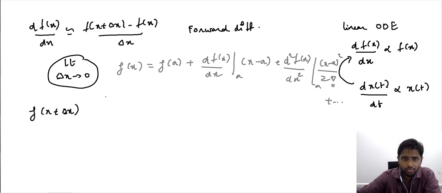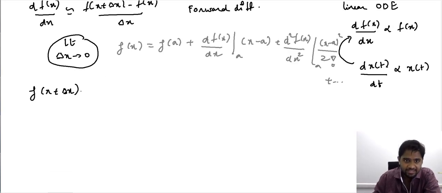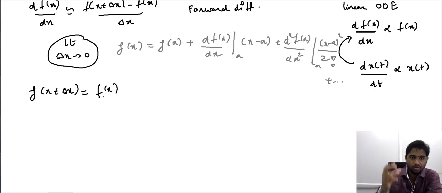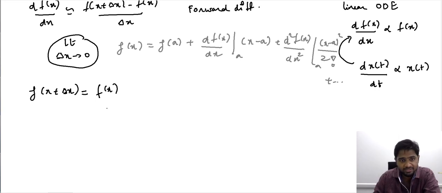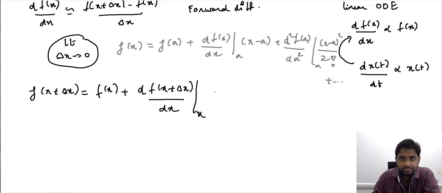Now let us try to do the same for x plus delta x. We know how this function behaves at a point x. So if we consider a point x and we know how this function behaves at a point x, then this function can be expanded as f of x plus the first derivative of the function at x times delta x, again at point x, and we have the difference, that is x plus delta x minus x, the known point being x here.